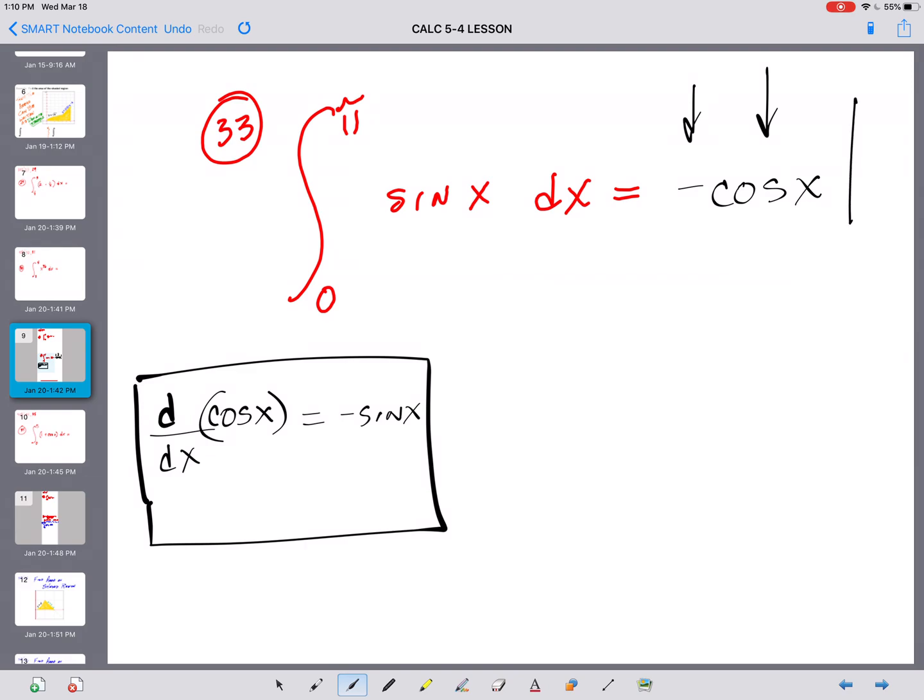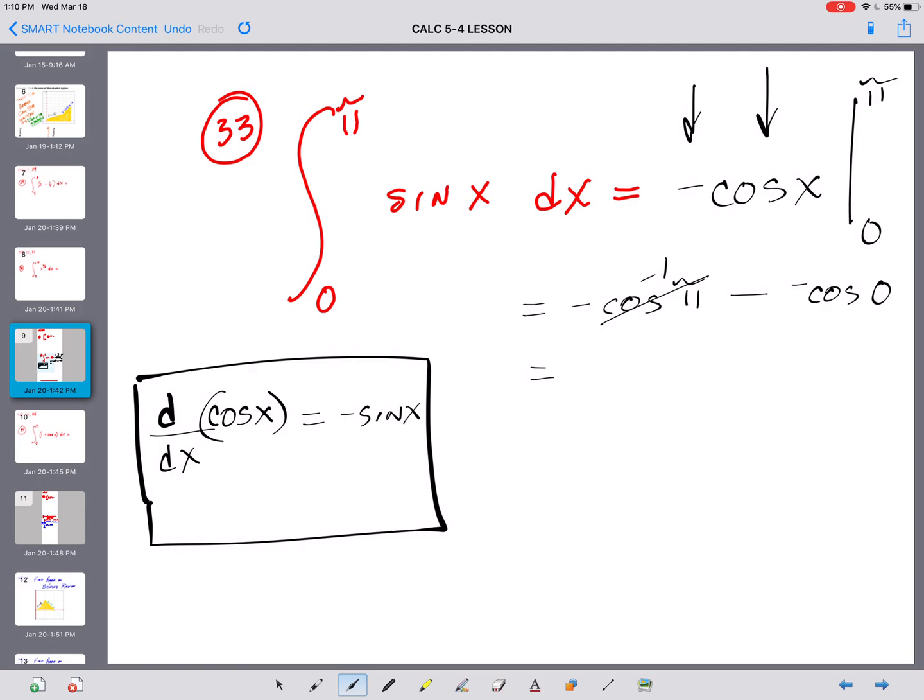We put the straight evaluation bar, 0 to pi, and start evaluating. Top one in first, negative cosine of pi minus negative cosine of 0. Okay, pi is 180. We're looking at adjacent over hypotenuse. That's going to be a negative 1.